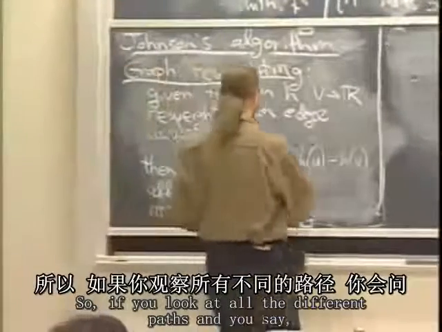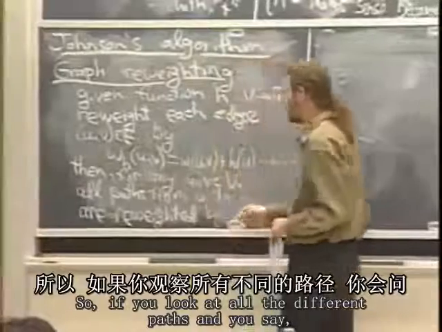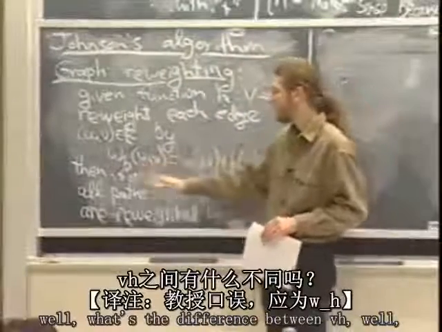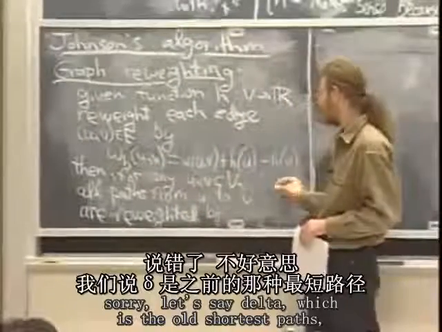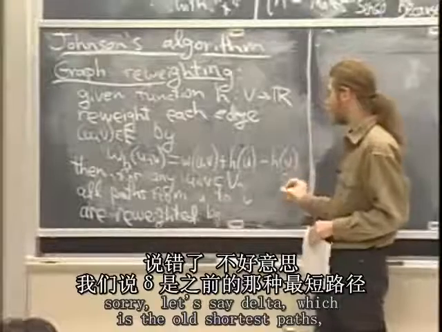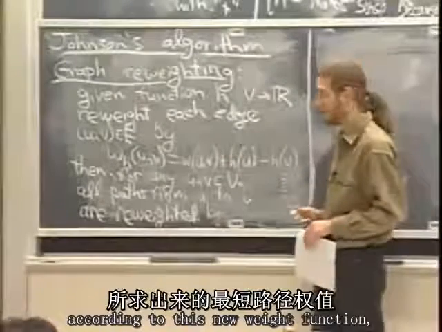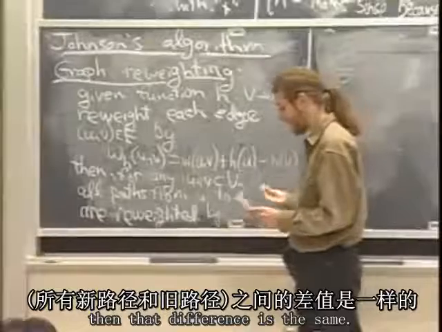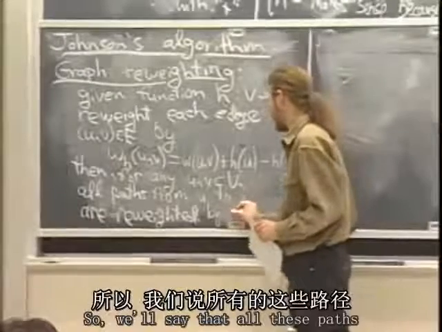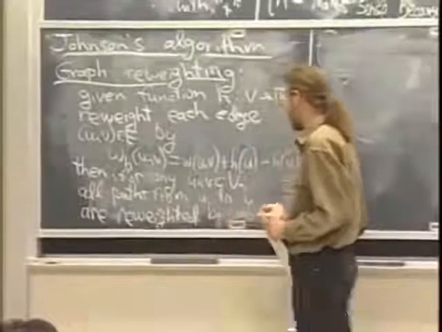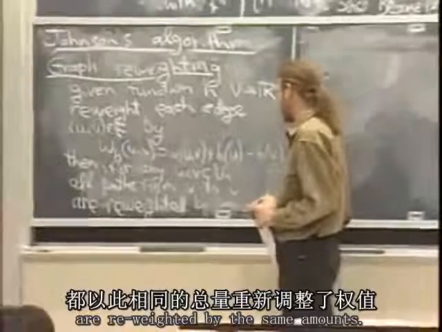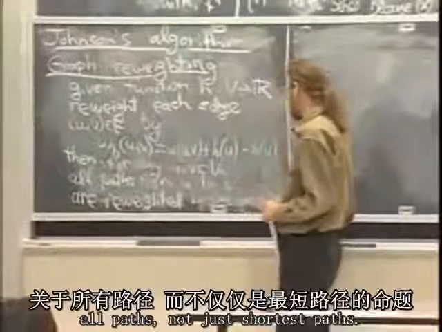So if you look at all the different paths and you see, what's the difference between delta, which is the old shortest paths, and delta sub h, which is shortest path weights according to this new weight function, then that difference is the same. So we'll say that all these paths are reweighted by the same amount. This is actually a statement about all paths, not just shortest paths.